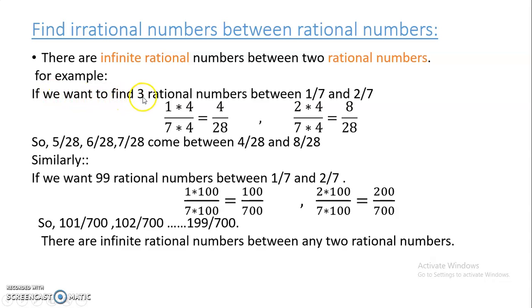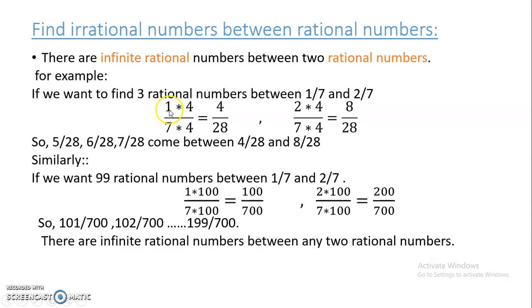If we want to find three rational numbers in between 1 by 7 and 2 by 7, these are rational numbers in the form of p by q. So if we have to find 3, we'll multiply the numerator and the denominator of both rational numbers with 3 plus 1, that is 4.